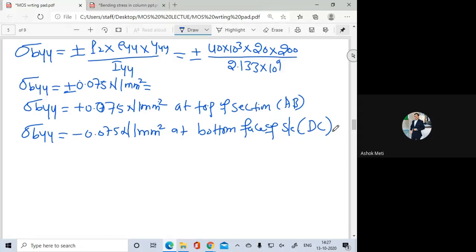Now I want to calculate the resultant stress at each corner, the resultant stresses at all the corner points. Resultant stress is nothing but the combination of the direct stress plus the bending stresses.